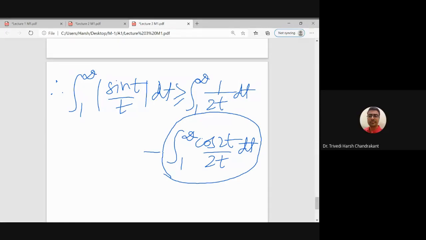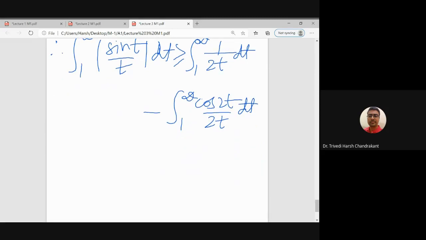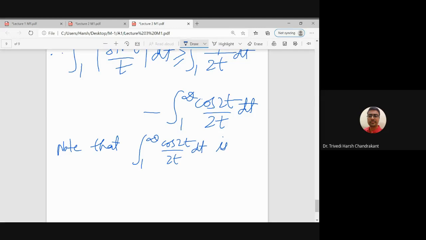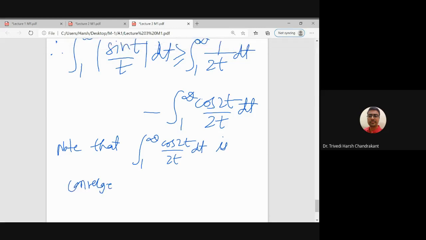Dirichlet, right? Because it is not a non-negative term series, and it is also not absolutely convergent, so the Dirichlet test we can apply. I'm not writing all the steps, just mentioning here. Note that the integral of cos 2t by 2t is convergent by the Dirichlet test.